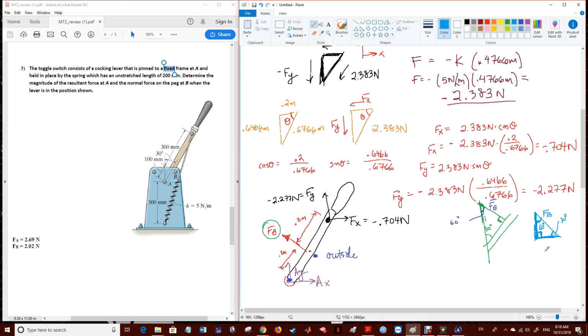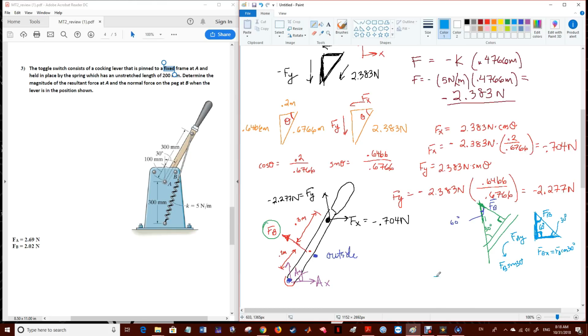So how do we find FBX, which I know will be moving in the x direction, and FBY, which is the force along the y direction? We could say FBX is going to be FB cosine of 30 degrees, and FBY is going to be equal to FB sine of 30 degrees. Or you could have said that FBX is equal to FB sine of 60 if we're going to use this angle.